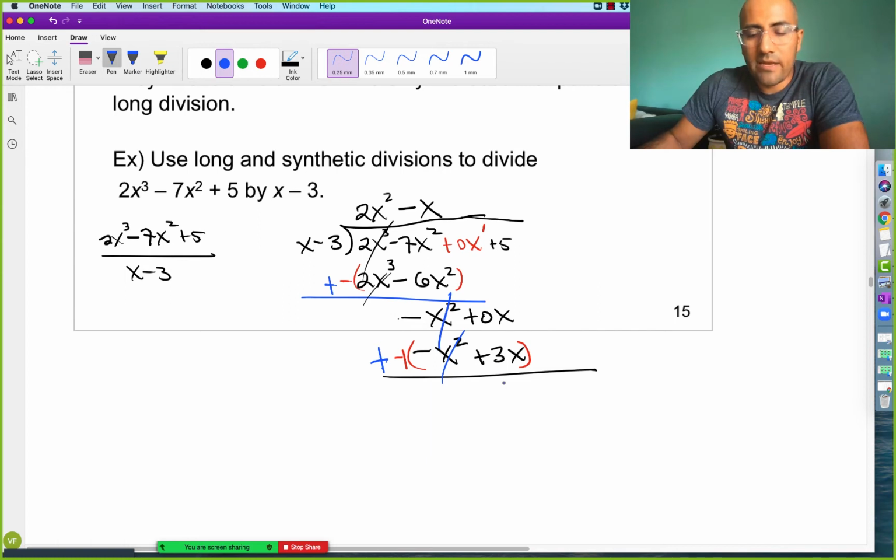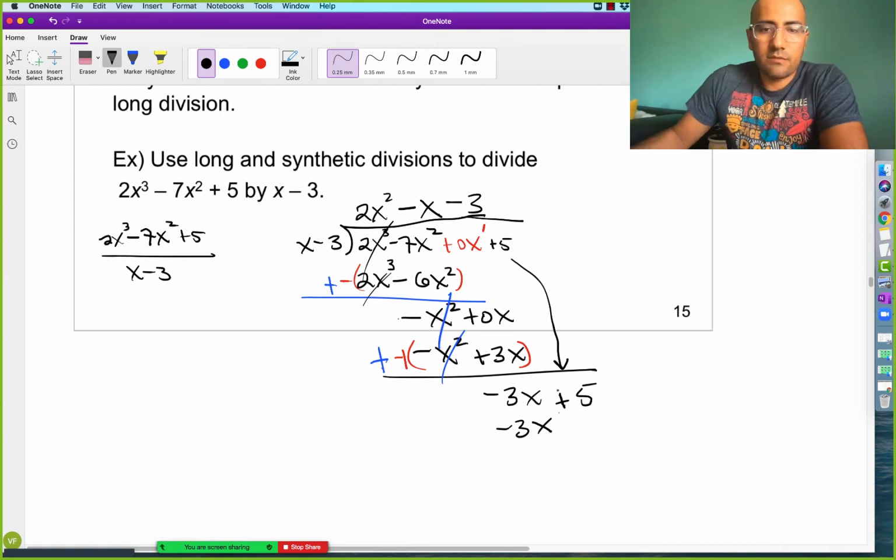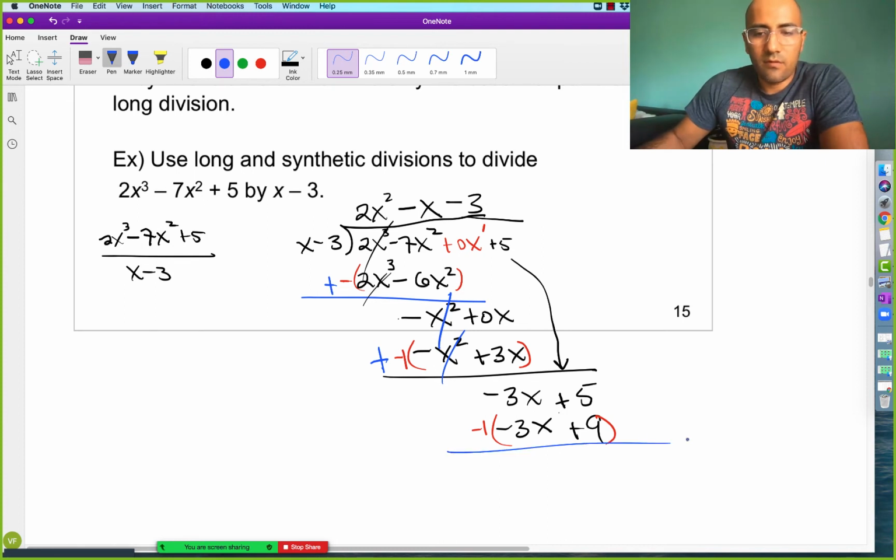And then we get a minus 3x. Bringing down that 5 now gets you a plus 5 out here. And making these match, we need a minus 3 here. Minus 3 gets you a minus 3x plus 9. Distributing through a minus 1, and then adding down. Cancels those. Minus 9 gives you a minus 4 at the end.